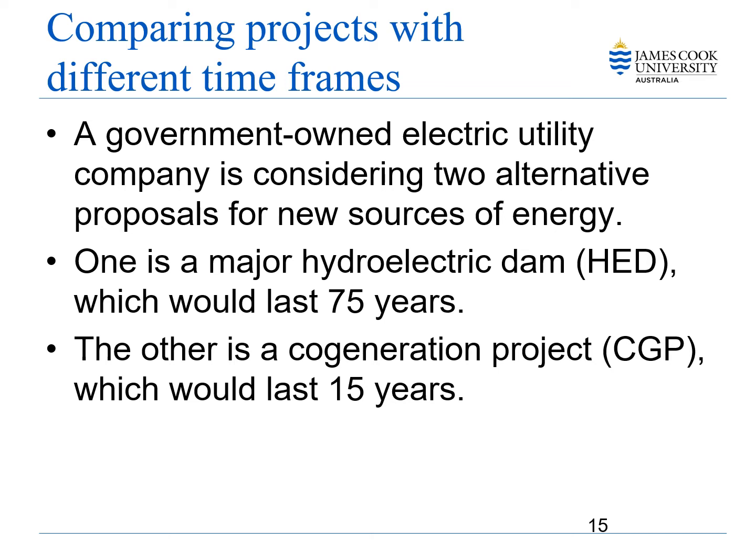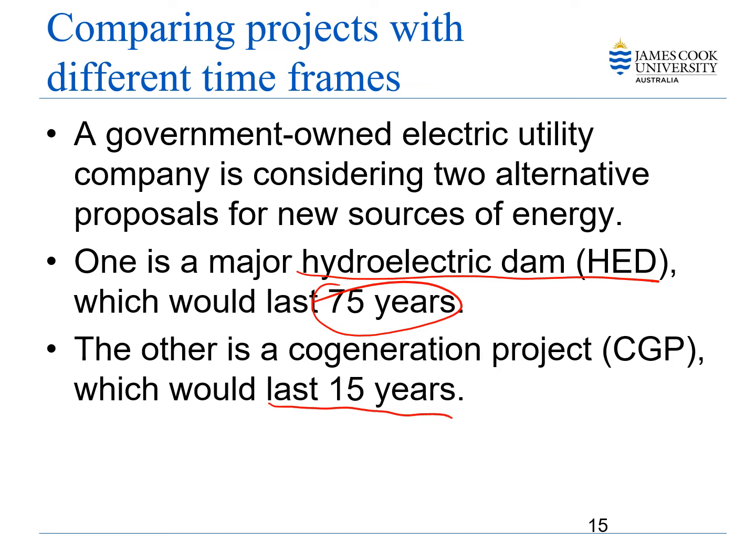A government-owned electric utility company is considering two alternative proposals for new sources of energy. One is a hydroelectric dam, which will last for 75 years. The other is a cogeneration project, CGP, that will only last 15 years.